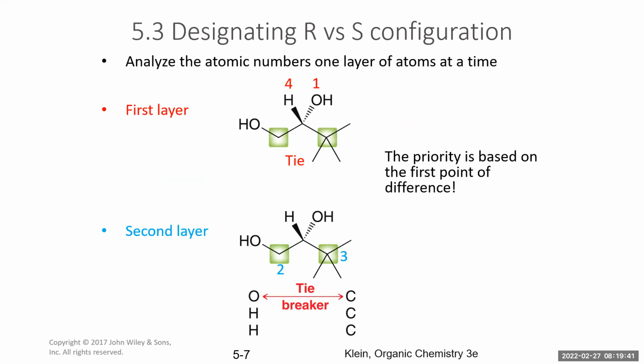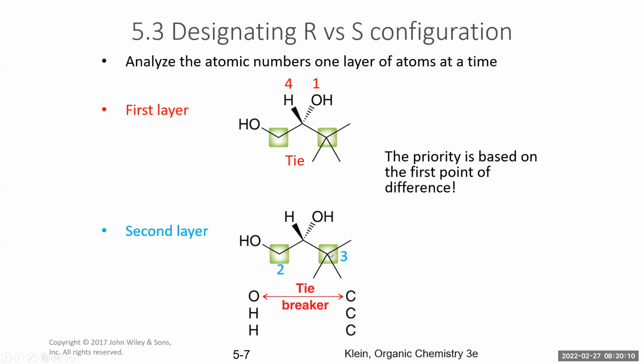Here are some other examples where it might be a little bit confusing to figure out what has priority. So again, when you are looking at 2 atoms where there's a tie, carbon versus carbon, and we look and see what's attached to those carbons, we're going to place the atoms directly attached to those carbons in order from highest to lowest atomic number.